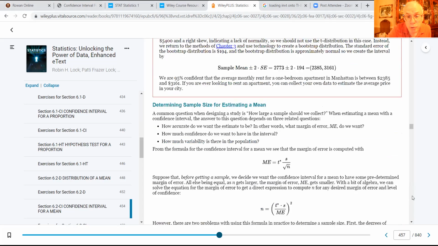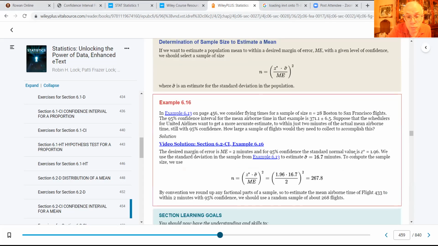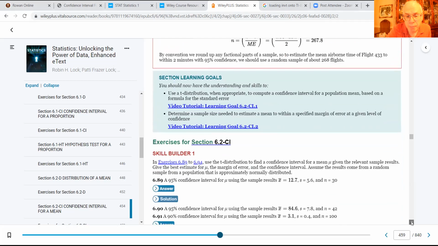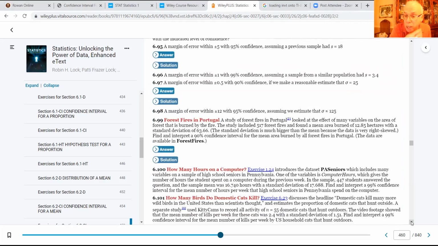Now, if we want a margin of error of 2, obviously we have to increase our sample size, and we have to increase it dramatically. Instead of 28 flights, we need 268 flights in our sample. So that's called a minimum sample size problem. And that's it for this section.